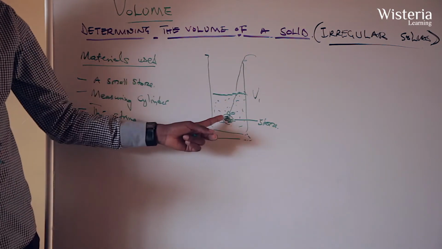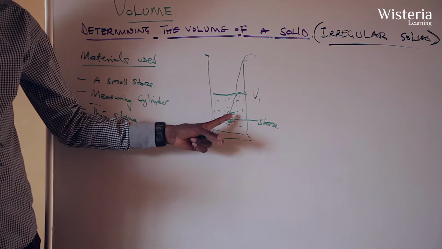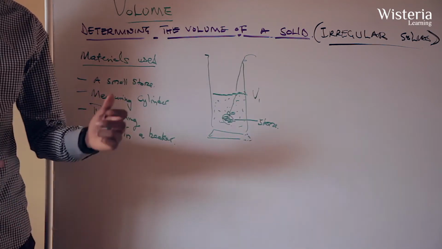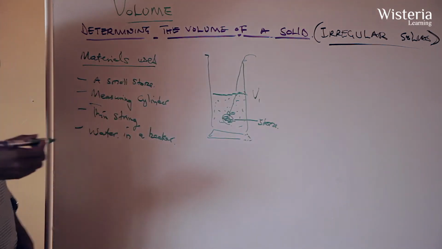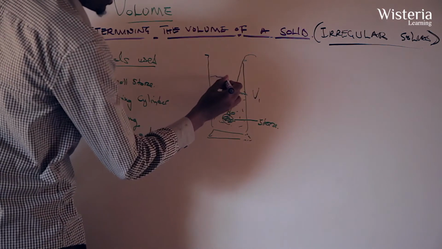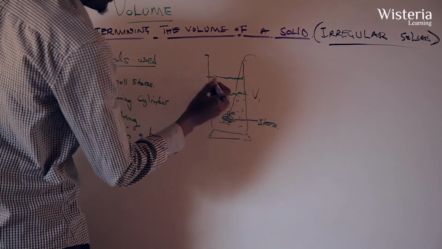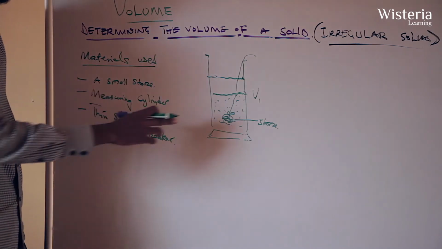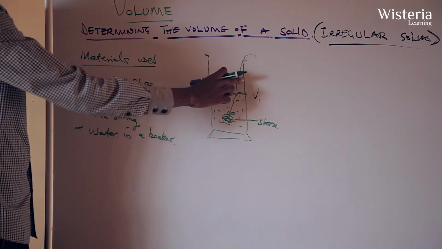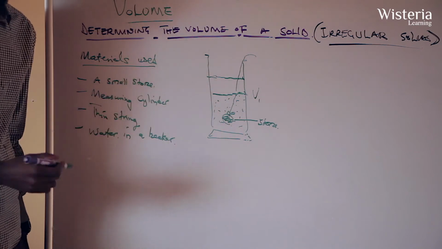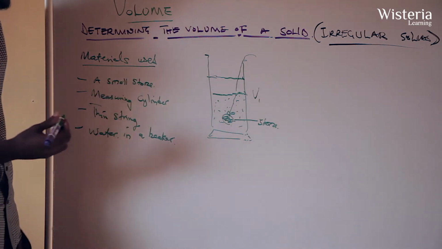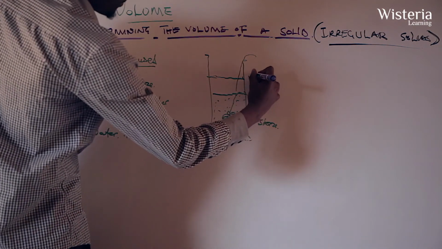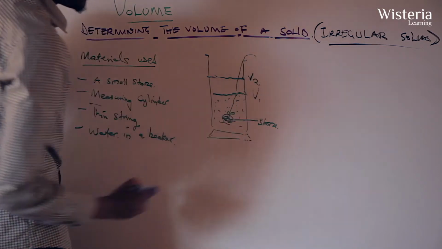As you dip that stone into the measuring cylinder, the level of water will rise. So the level of water rises, and you determine the volume, the level of water in the measuring cylinder after the stone has been placed there. That will be determined as V2.